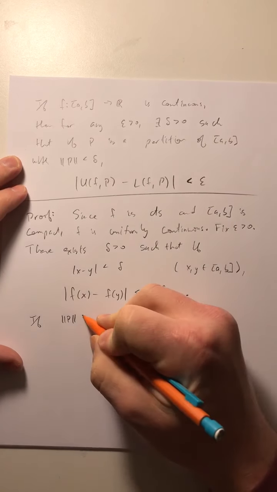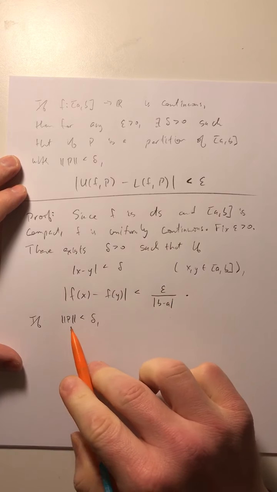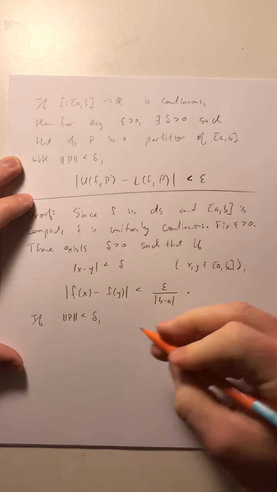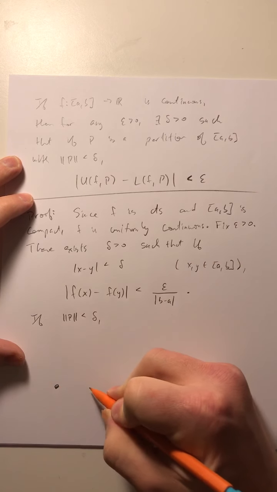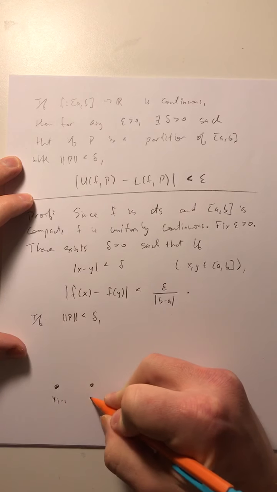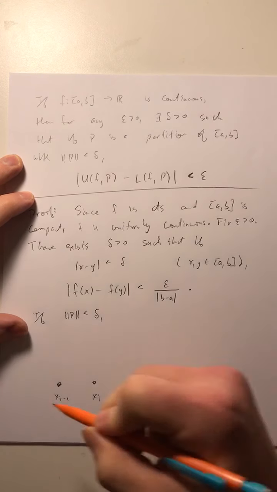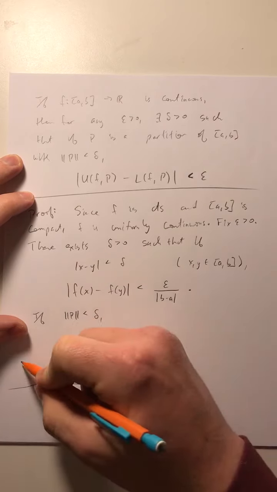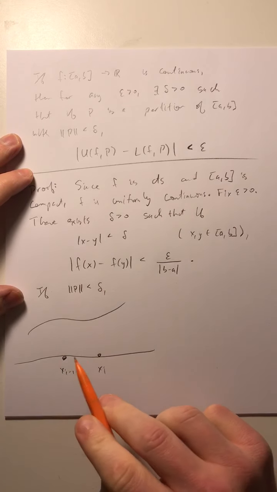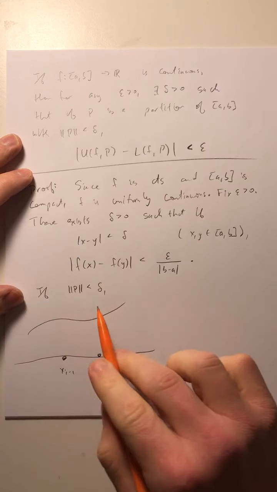Okay? So I should say fix epsilon greater than 0 here. So take any partition whose mesh is less than delta, and now what this means is, so let's take a quick look. Right, so I have x i minus 1, x i. Right, so just think about the function. And just think about one of the intervals in this partition.